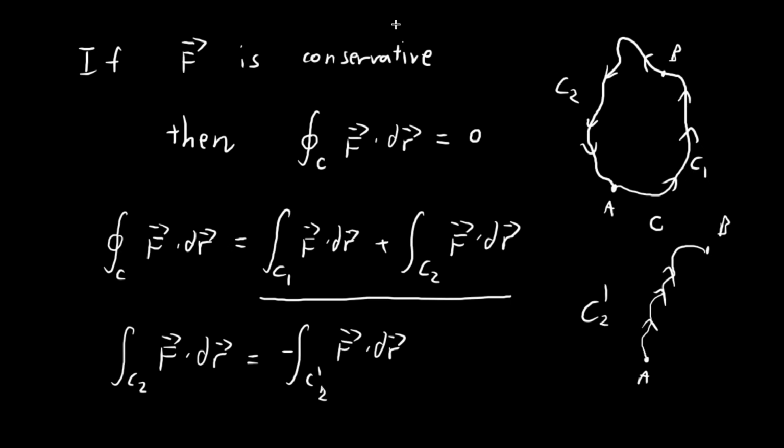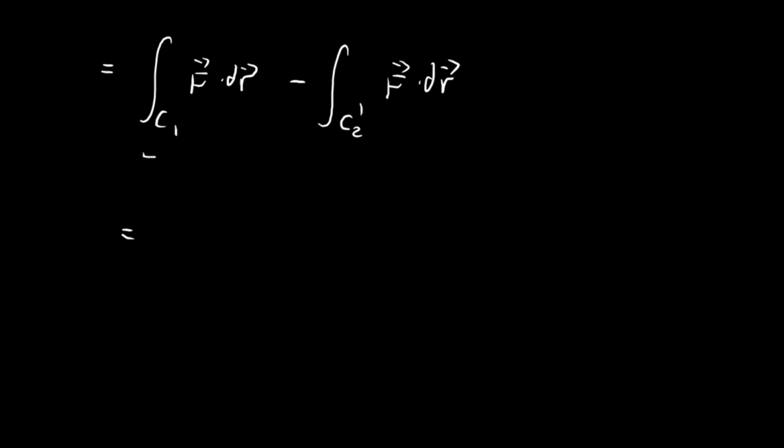Now you see that C1 is a line integral from point A to point B, and C2 prime is another line integral from point A to point B. We're already given that the vector field f is conservative. So C1 and C2 prime are both line integrals with the same starting and ending point. As we know from the definition of a conservative field, these two line integrals will have the same value. If you subtract a number from itself, all you get is 0.